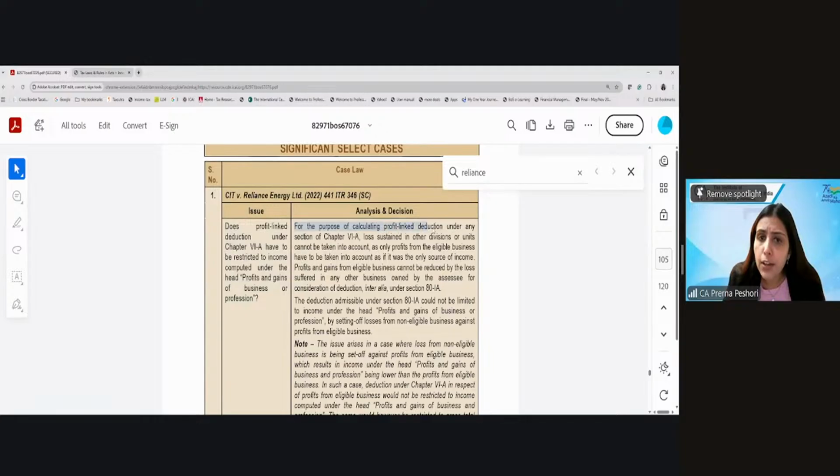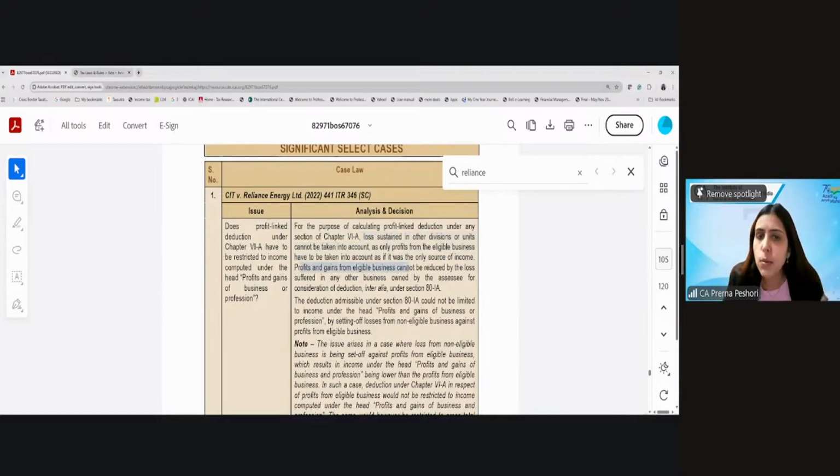For the purpose of calculating the profit-linked deduction under any section of Chapter 6A, loss sustained in other divisions cannot be taken into account, as only profits from the eligible business have to be taken into account as if it was the only source of income.